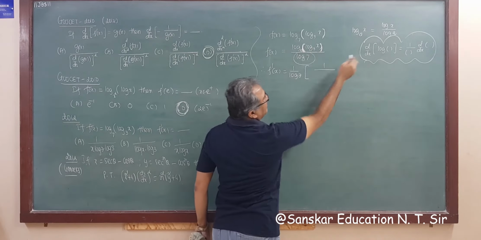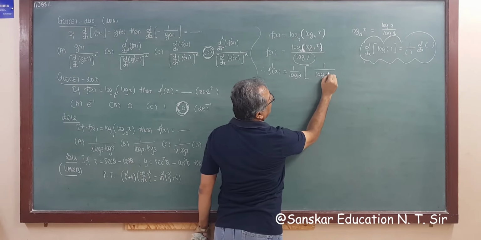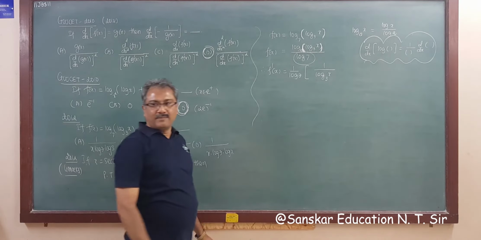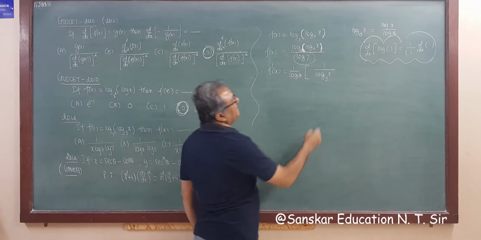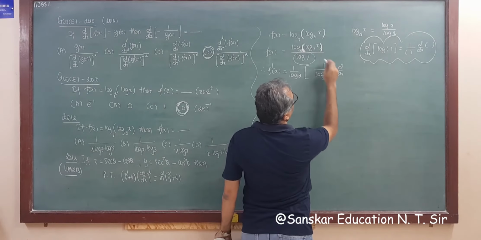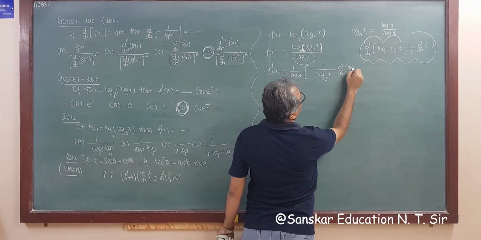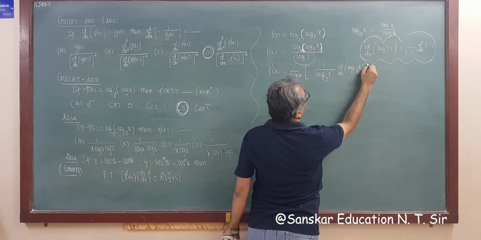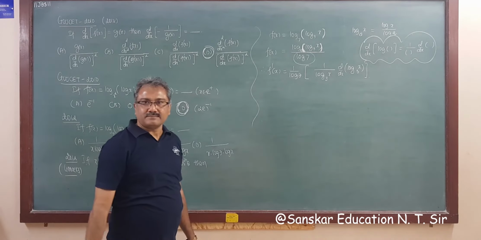So now this is 1 upon log 7, right? The derivative of log bracket is 1 upon bracket, so this is 1 upon log x base 3, and d dx of the bracket is d dx of log x base 3, right?